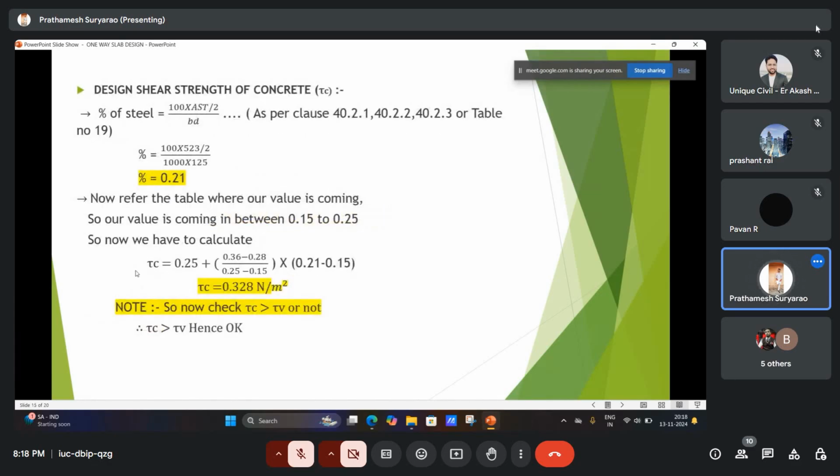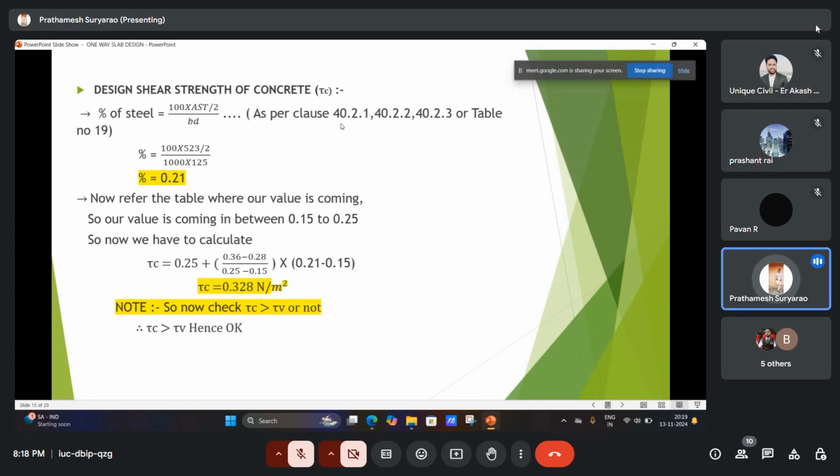After that, we have to calculate the design shear strength of concrete, which is tau c. How to calculate the percentage of steel? Percentage of steel is equal to 100 into Ast upon b into d.